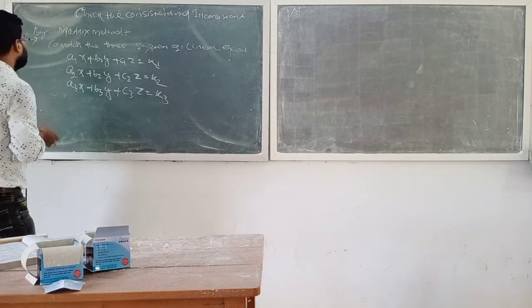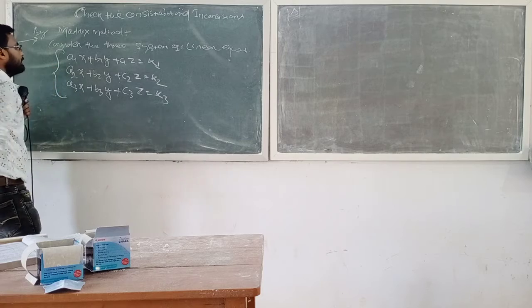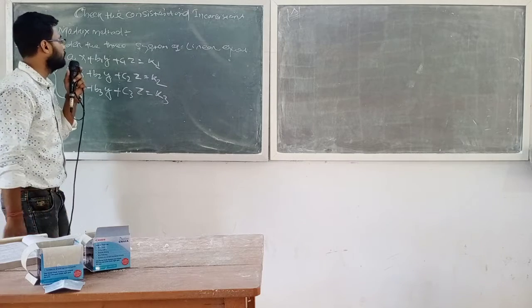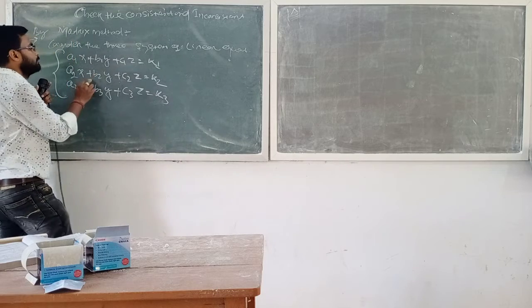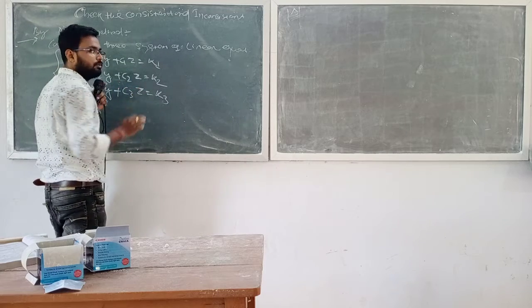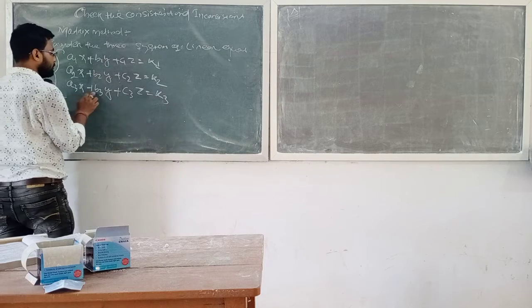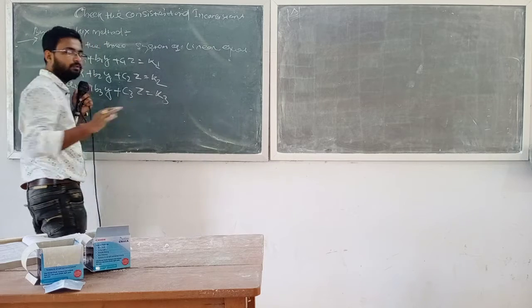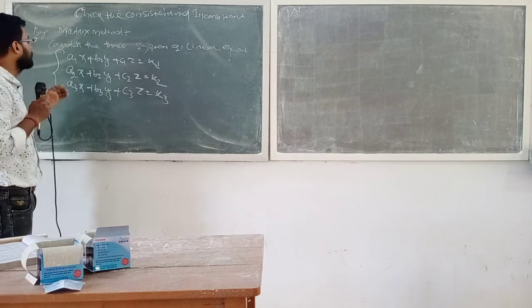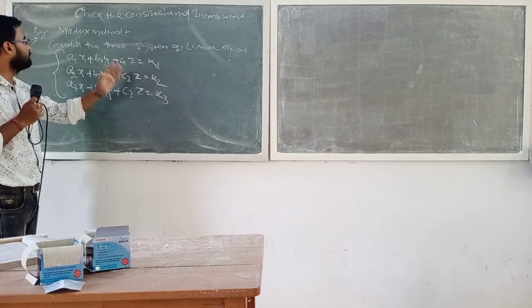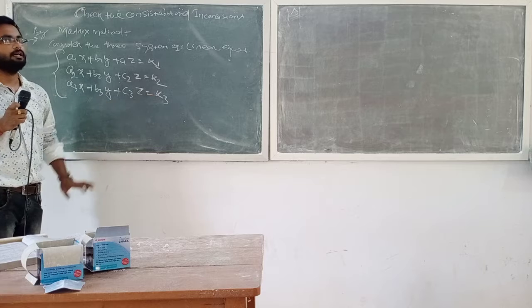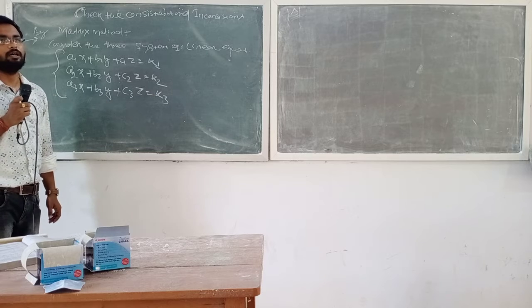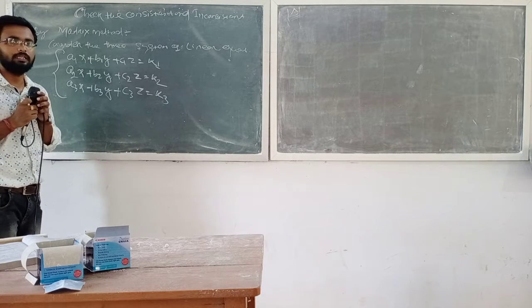Here k1, k2, k3 are the right hand side values of the system of linear equations.